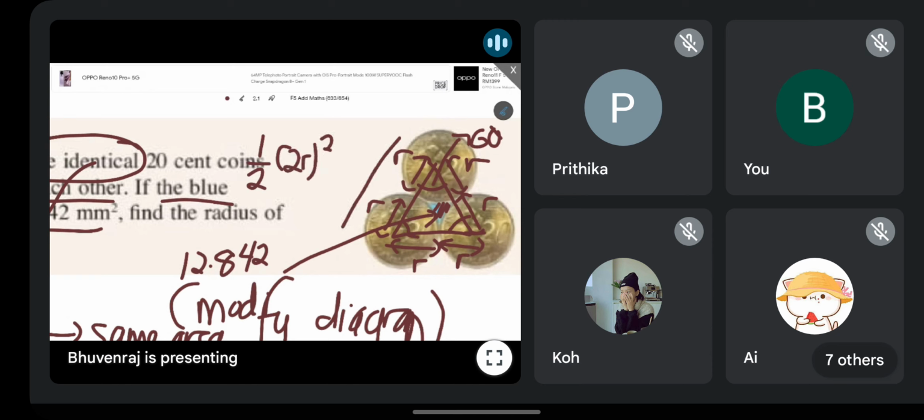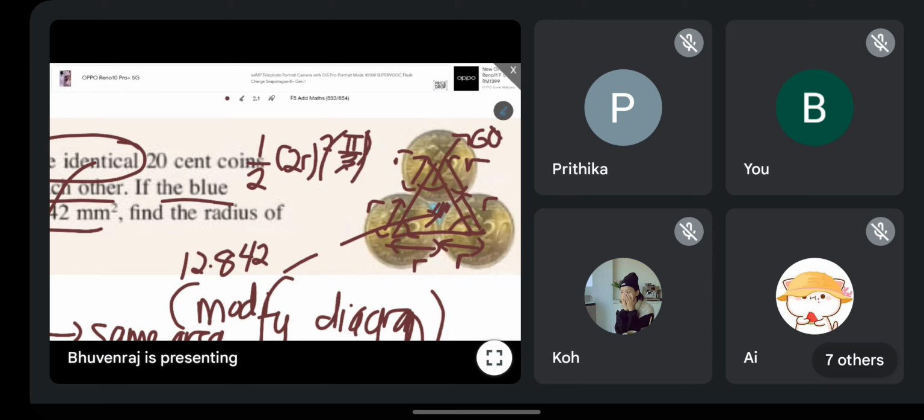Your length is 2R, guys. Remember, because you add both of the radius. So panjang or jejari for your segitiga is 2R. Then your theta is pi over 3. Wait, let me rub this first. Okay, so this is your area for triangle.